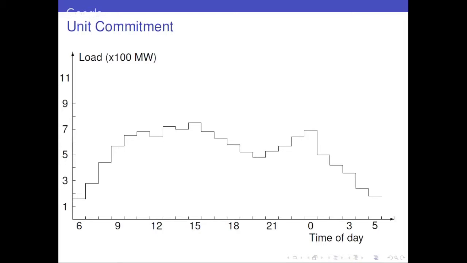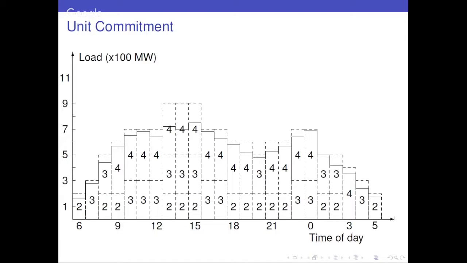What we want to do is to make up a schedule of which generators should be on and off at each hour to produce enough power to meet the demand. The basic idea would be to do something like this. Let's suppose I have 3 generators, one that can produce 200, one that can produce 300, and one that can produce 400. I want to use those rectangles that represent the power level of each generator to cover the area under the curve.